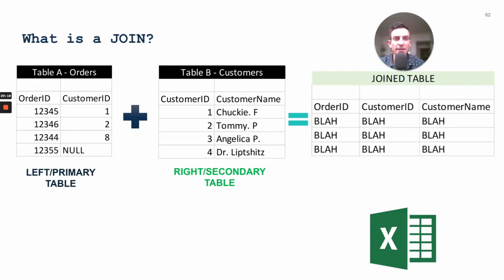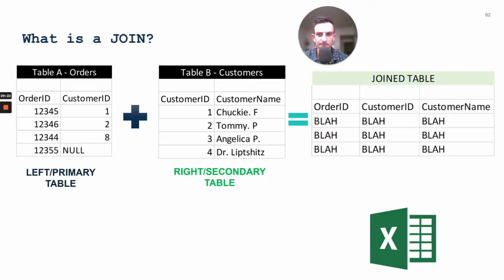What is a join? In the world of Excel, you may have encountered this. It's where you take 2 tables of data and you smash them horizontally into each other based off some shared ID or identifier. So you create a super table, a table of A and B together, if you could join them together to produce one that had order ID, customer ID, and customer name in it.